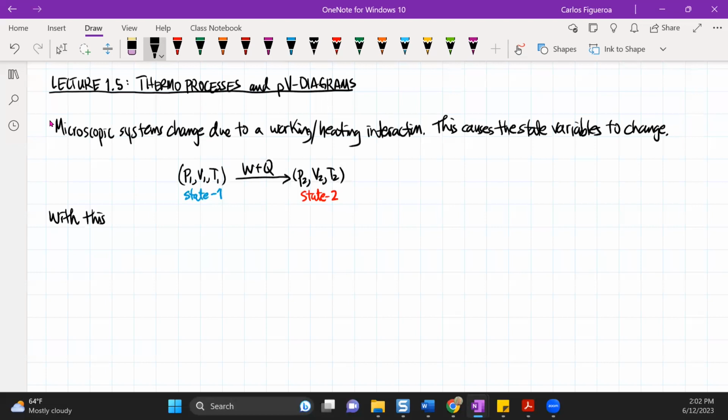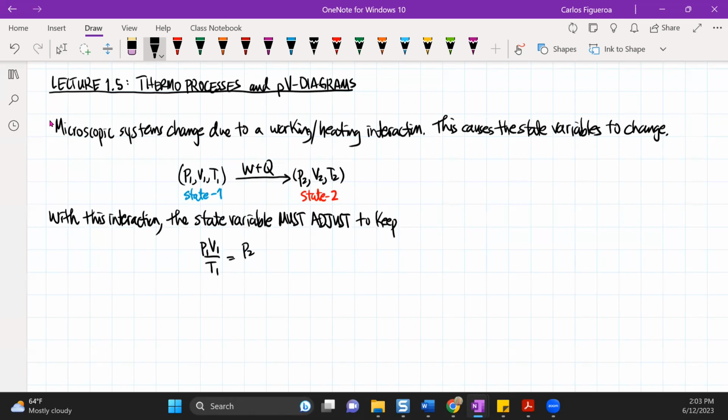With this interaction, the state variables must adjust to keep, from the ideal gas law, P1 V1 divided by T1 the same as P2 V2 divided by T2, a constant.